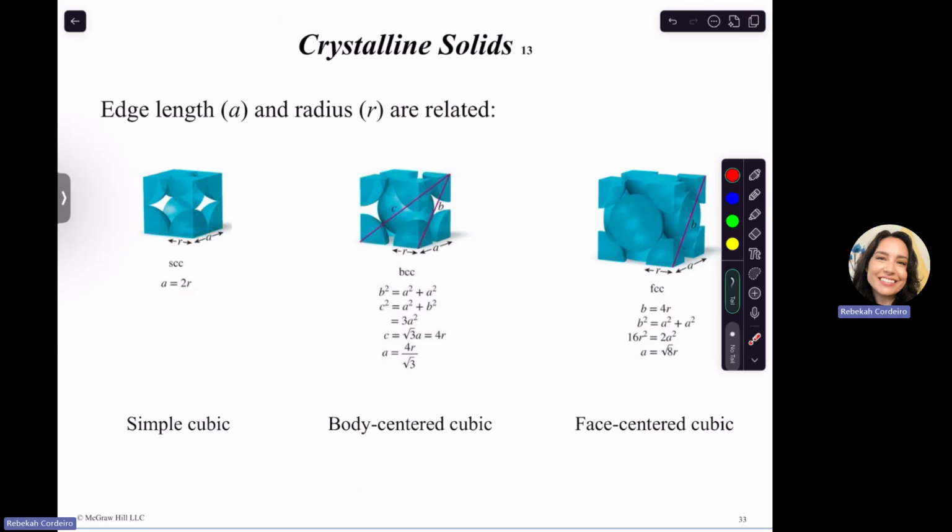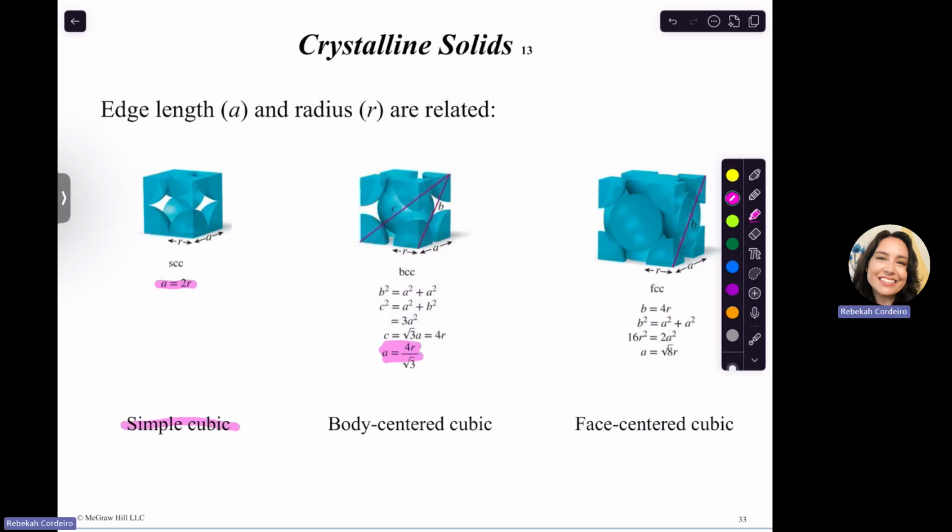For a body-centered cubic, we have a little more space because that extra one in the middle is going to give us a little space. So we need to think about the angles of all of this. You don't need to worry about deriving all of this, but you do want to know these formulas. This one for simple cubic.